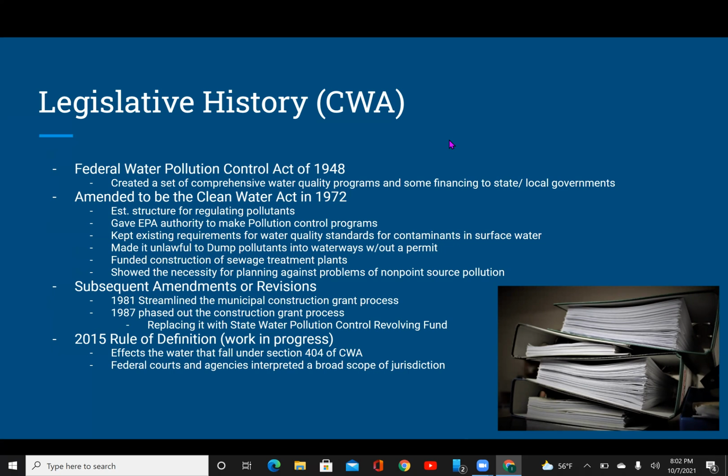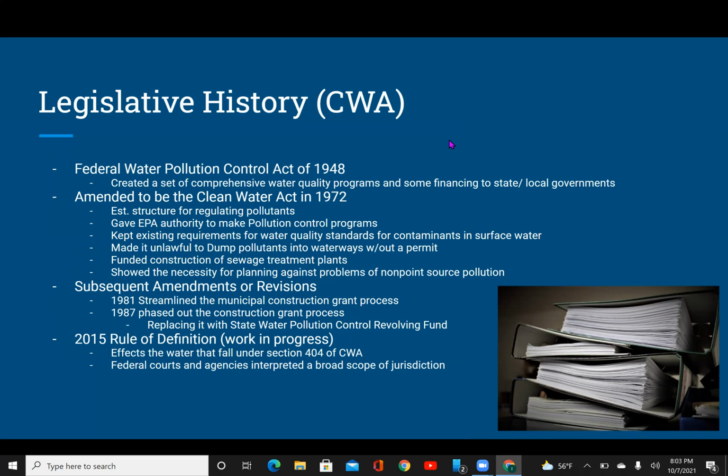This was later amended in 1972, and this rewrote a few things, like establishing a structure for regulating pollutants. It gave the EPA authority to make pollution control programs, which we'll go over later, and kept existing requirements for water quality standards for contaminants in surface water.